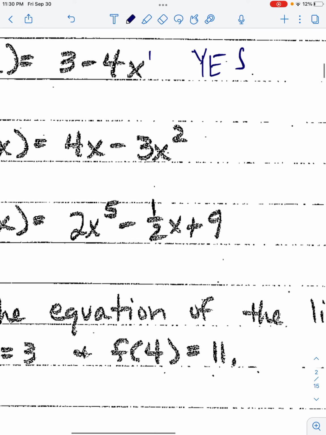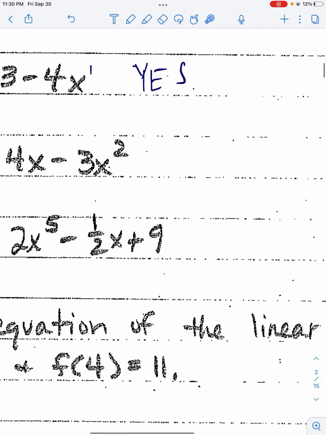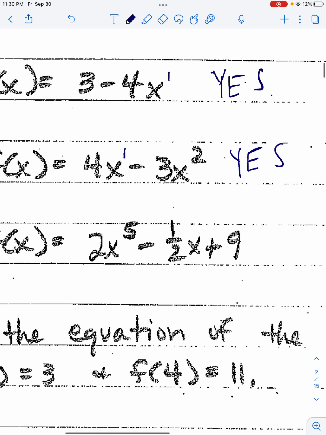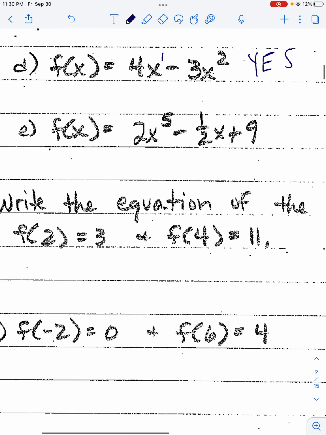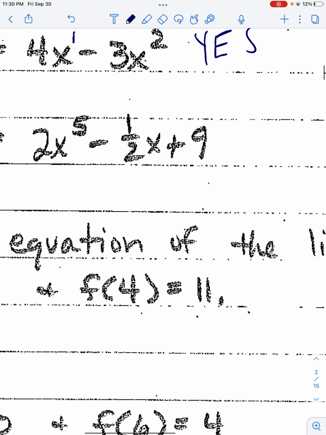Same for D, okay? We don't see any dividing by x, it's just multiplying or adding or subtracting by x, okay? And my only exponents on x are positive 1 and positive 2, which are both positive integers. So yes, it is a polynomial function, okay? Let's look at part E. We have 2x to the 5th minus 1/2 x plus 9, okay?